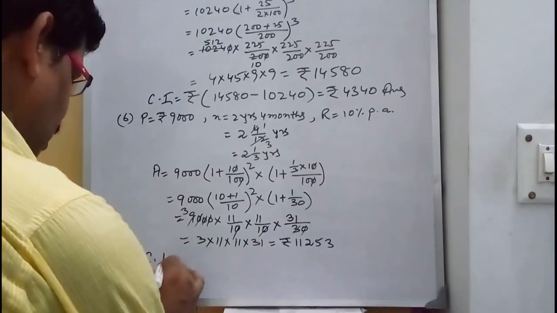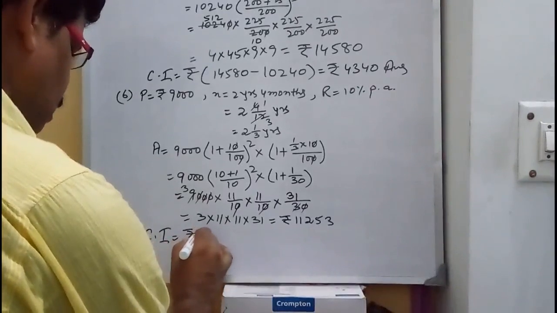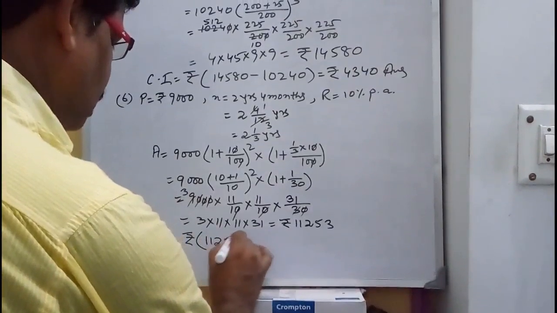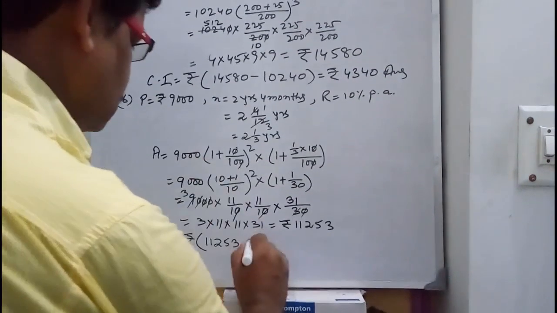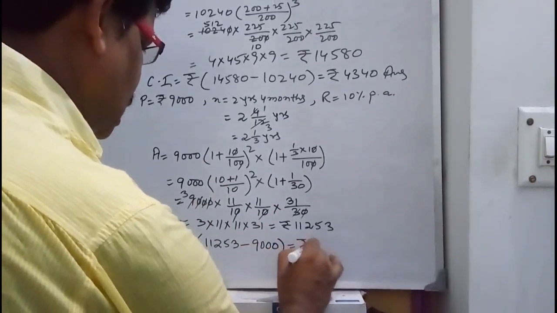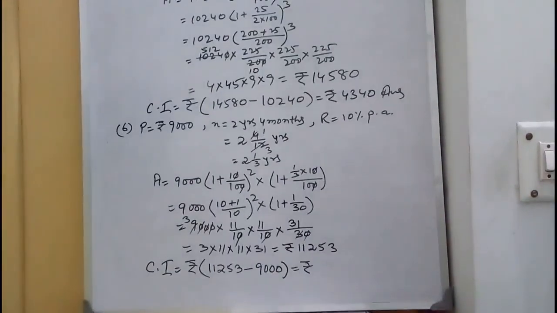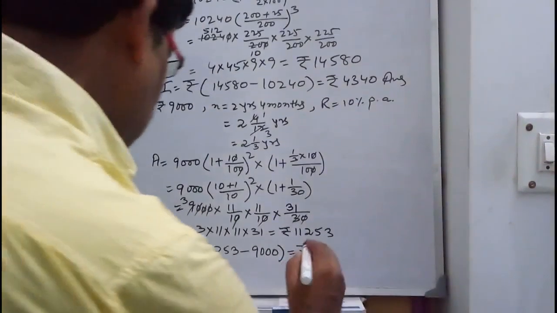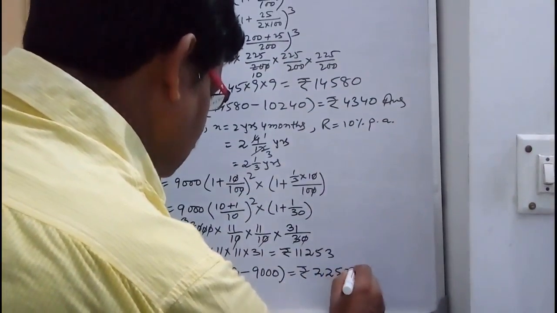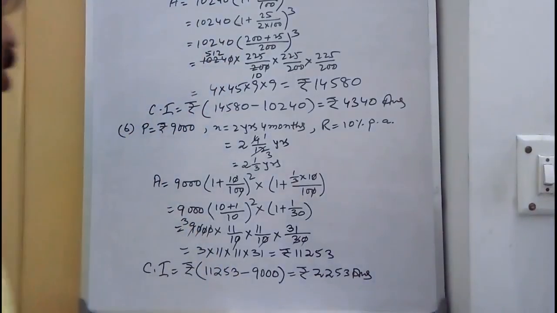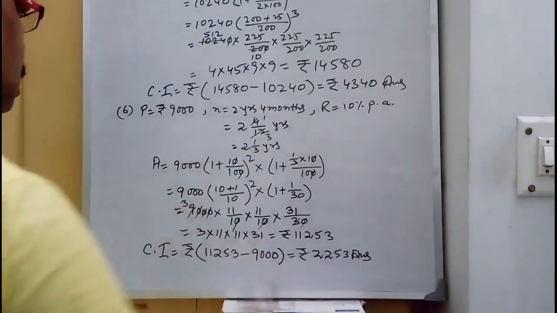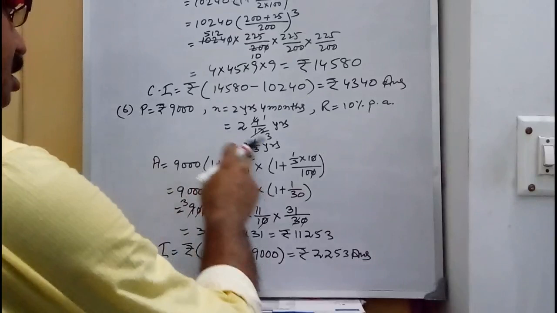Now find compound interest equal to rupees 11253 minus 9,000, subtract it, which gives you 2253. So this one is the compound interest of this question where time is in fraction.